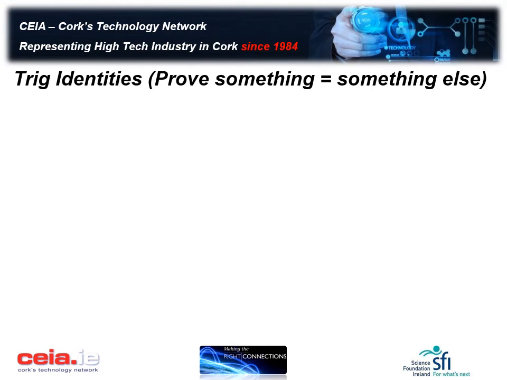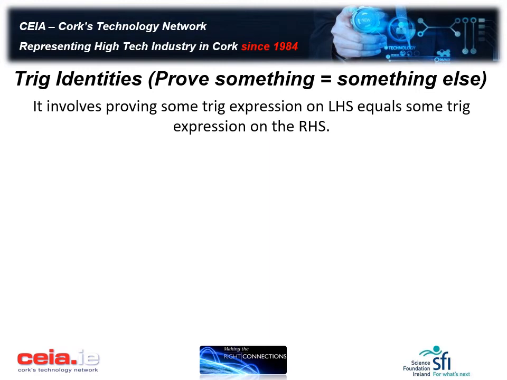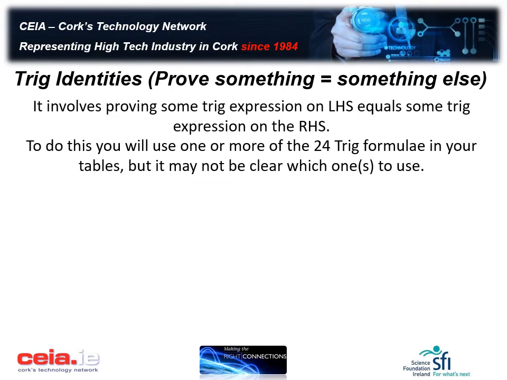So trigonometric identities are basically about proving something equals something else. Okay, so it involves proving some trigonometric expression on the left hand side equals some trig expression on the right hand side.